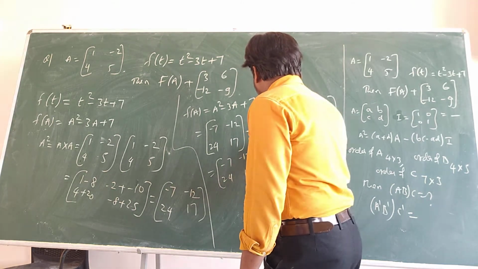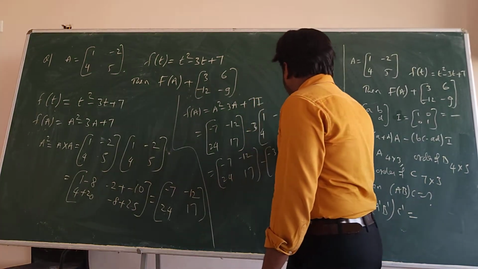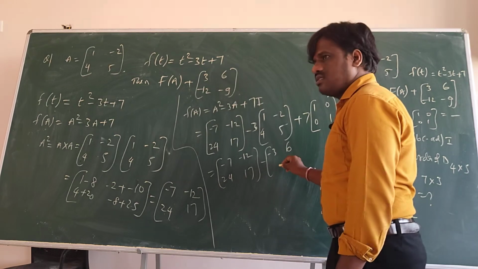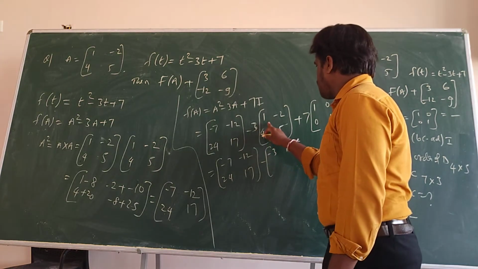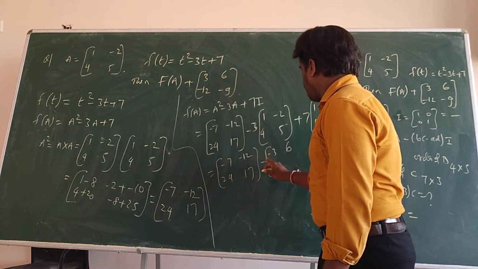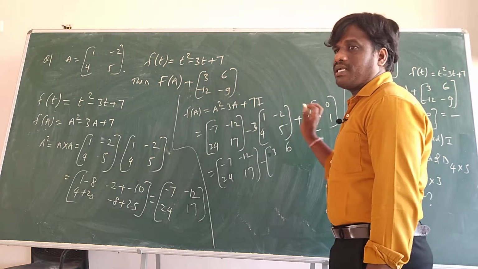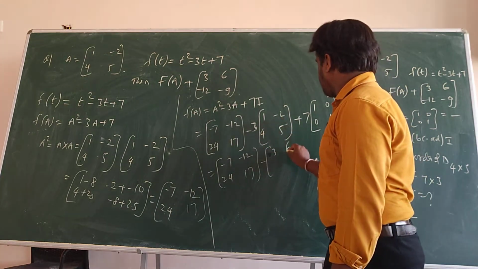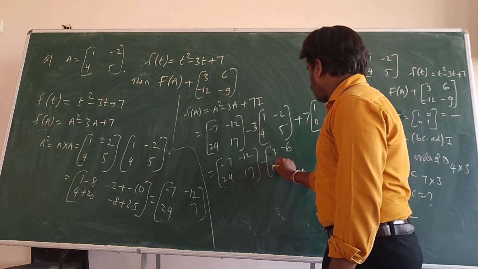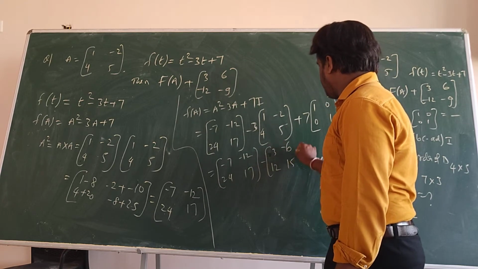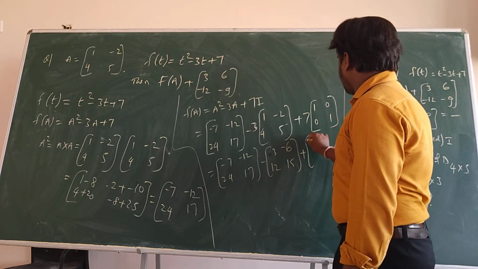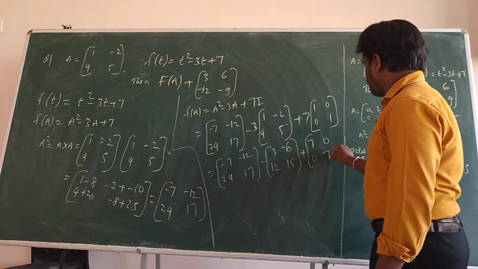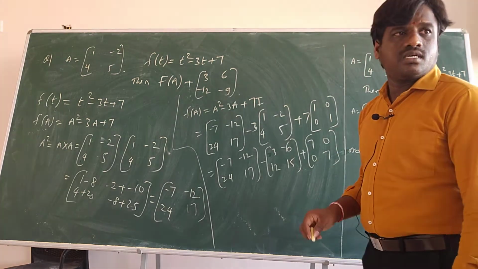We multiply inside. Minus 3 times, so 3 minus 6, 12, 15, right? And you get here 7 0 0 7. Correct?